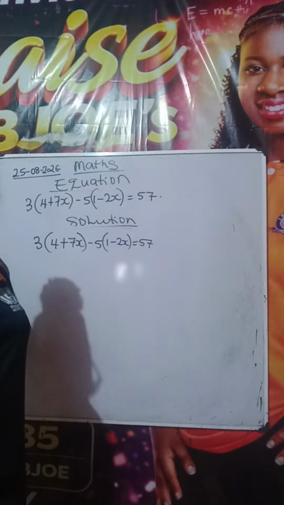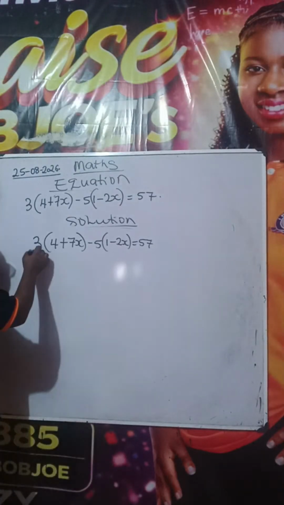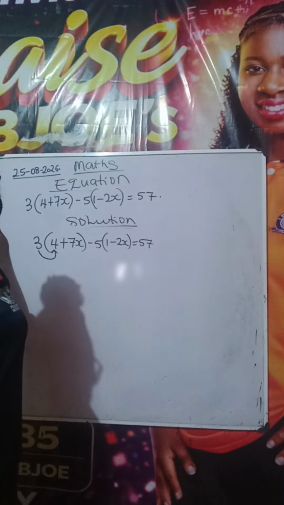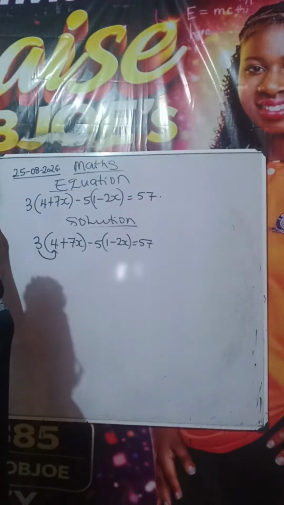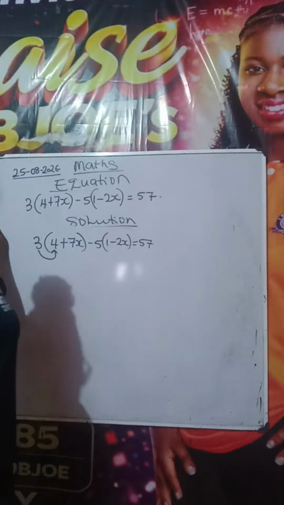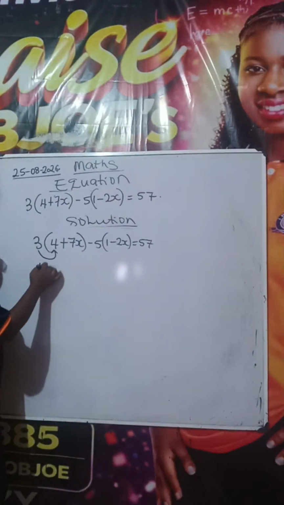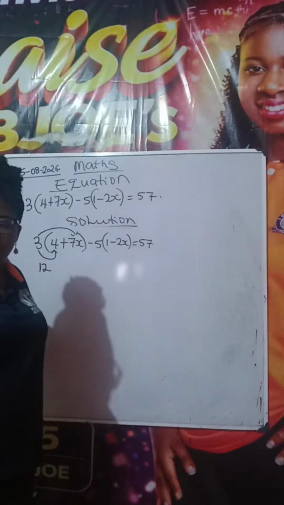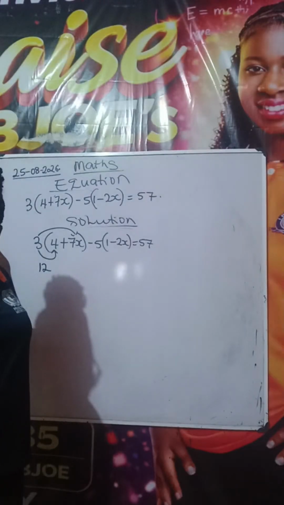First is to open the bracket. We need to expand this. We need to multiply, and that will be 3 times 4. 3 times 4 will give us 12. So we have 12, correct? Then 3 times 7, what do we have? 21.